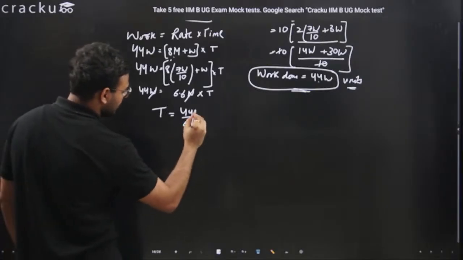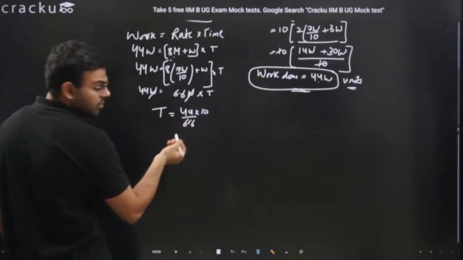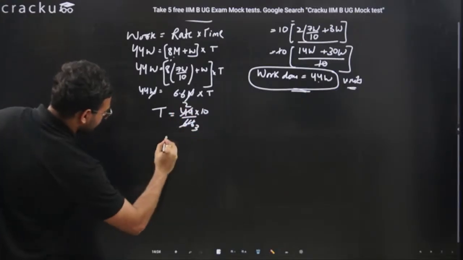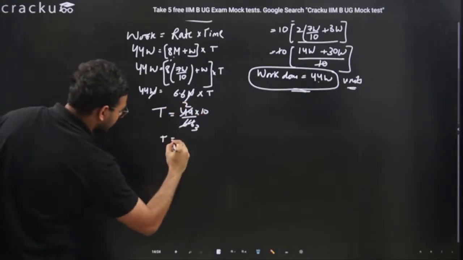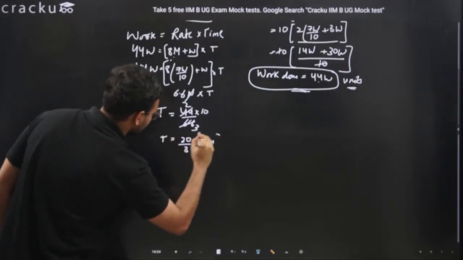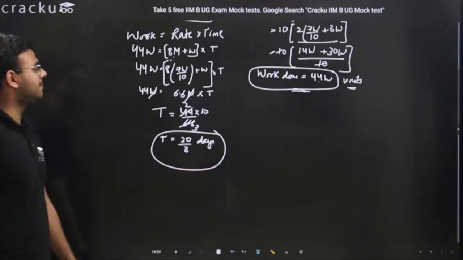I'll remove this decimal, I'll multiply by 10. This goes by 22, this will be 2 and this will be 3. So they'll be taking 2 into 10 divided by 3, which is equal to 20 by 3 days.